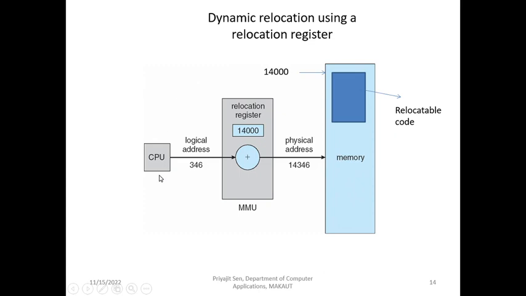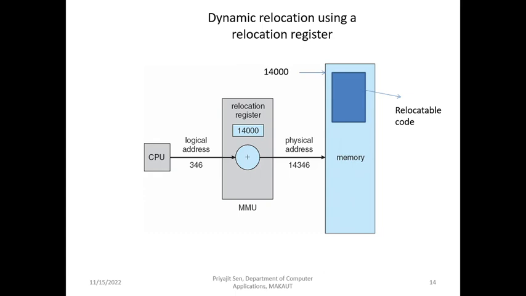First of all, the CPU will generate which address? The logical address. Suppose the address value is 346. This may be anything, I am just considering this one. Now, in the memory management unit, you have the relocation register. Therefore, I was telling you that relocatable code will be generated.